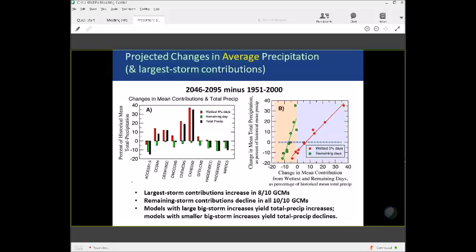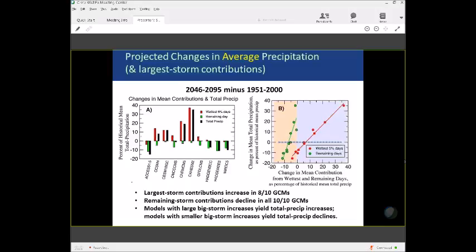And there are more models here where you do get declines in the year-to-year variance of the largest storms. Those, in every case, are ones where the year-to-year variance of the total precipitation also declines.